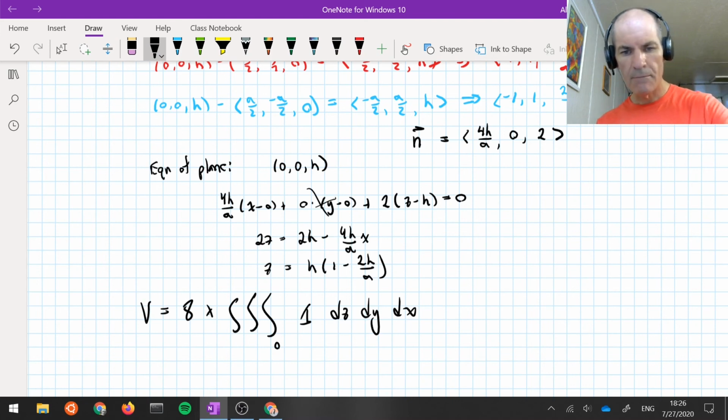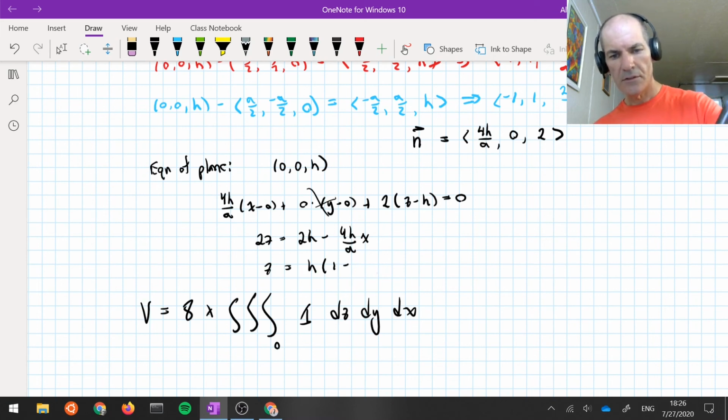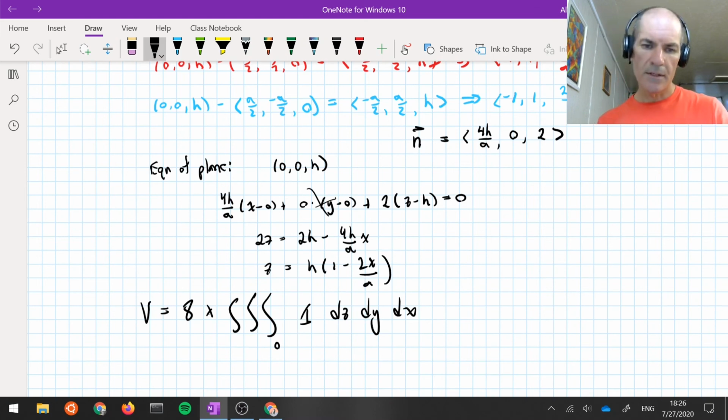Yes, right here and here. Okay, so I have to be really careful here, and I think there's no h in this. Apologies. 2x over a. Does that look right? I think we're good. So z goes up to h times 1 minus 2x over a.